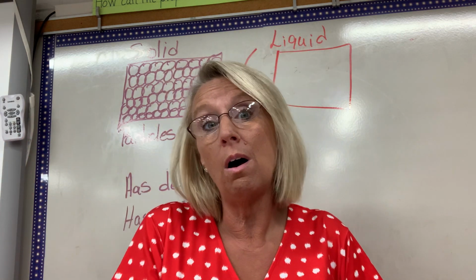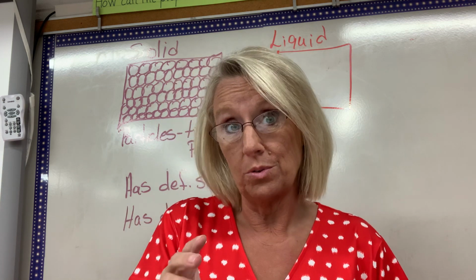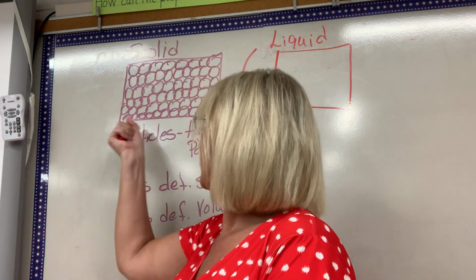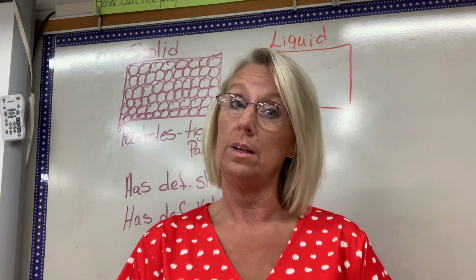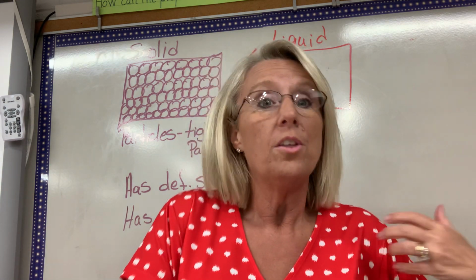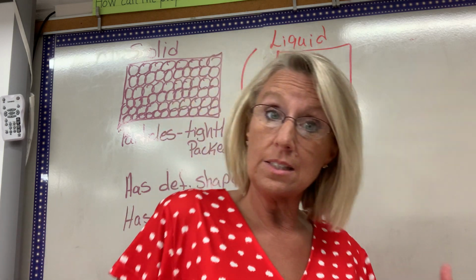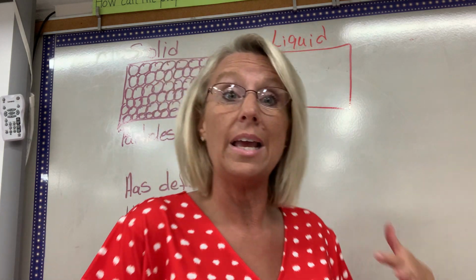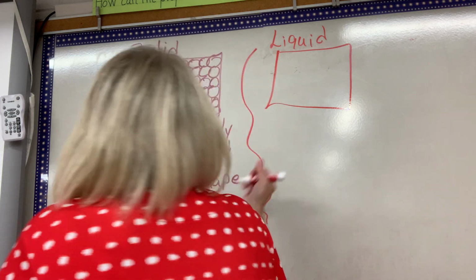So when I draw the particles in a liquid, would I make them as tight as the solid? No, there's got to be space so those particles can move. So let's take a look at that.